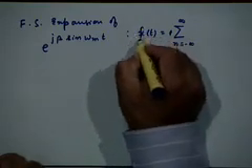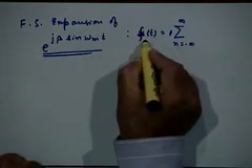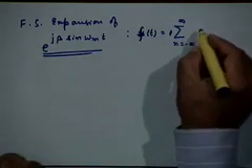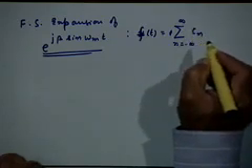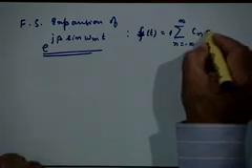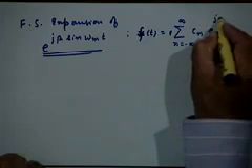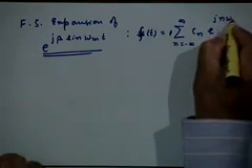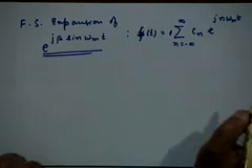I should use some other waveform. I am looking at this function, which I am calling f of t, equal to the sum of some coefficient c sub n into e to the power j n omega mt, that is it, right.